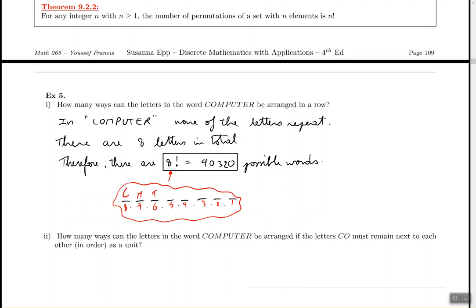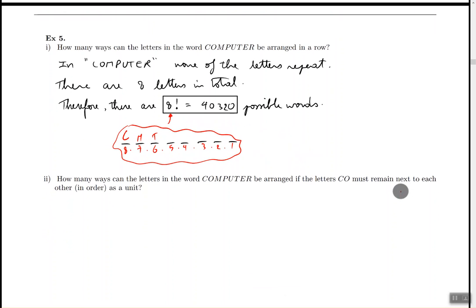Now suppose in part 2 that we want to do the same thing again, except this time we want the letters CO to remain together in that order as a unit. To answer this question, I'm going to think of CO as one possible character. So I'm going to write down CO, M-P-U-T-E-R. There are 7 letters now, because I'm thinking of CO as being one new letter, and none of the letters are repeating.